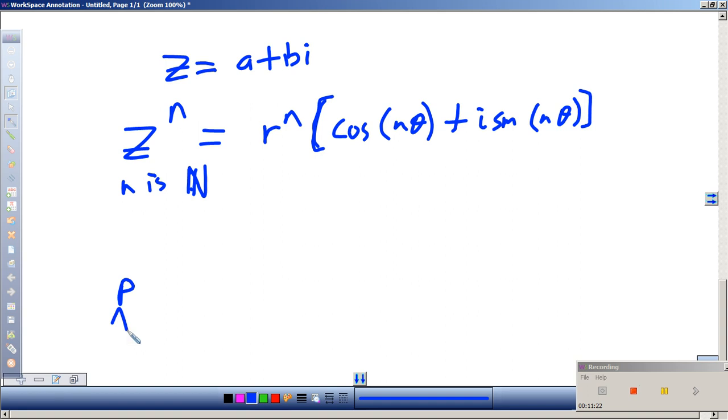The pth root of z. Meaning we're looking at the 5th root, or the 8th root, or the 23rd root of z. Just hope you never have to do the 23rd root.